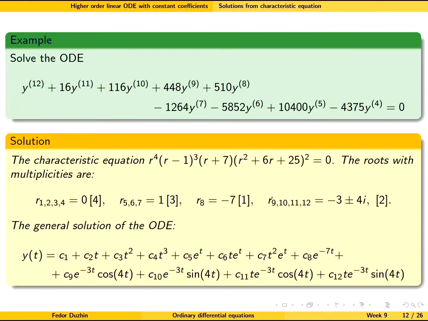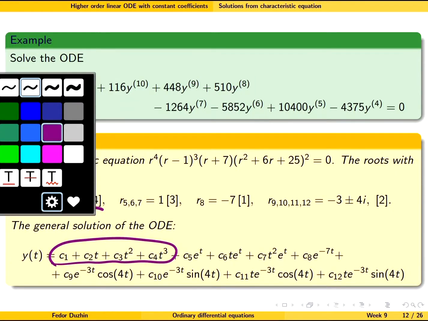Right? So then this 0 gives us e to the power 0t, which is just 1. Well, but then since multiplicity is 4, it means that not just 1, but also t, t squared, and t cubed, until we get 4 solutions.